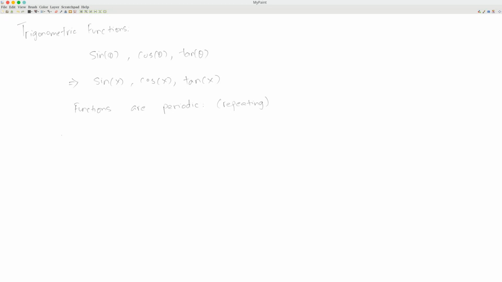For example, if you take a sine function, which is a sine function that varies with respect to x, you can say that I've repeated the same curve over and over again. So that is 0, and that is 2 pi.